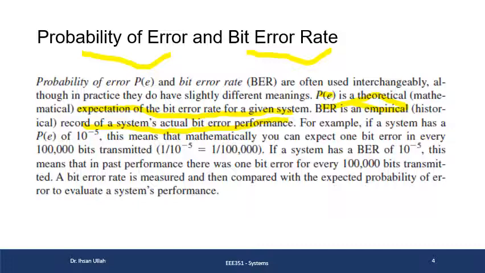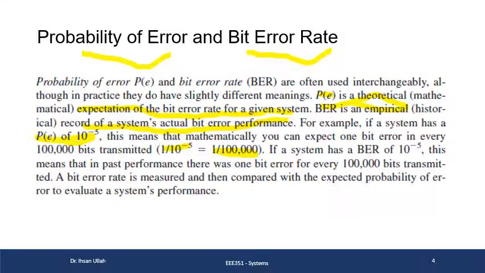computed mathematically. So for example, if a system has probability of error equal to 10 to power minus 5, that means you have a single error after transmitting 100,000 bits. Okay, 10 to power minus 5 is 1 by 100,000.